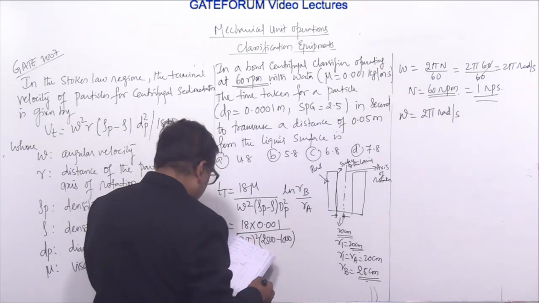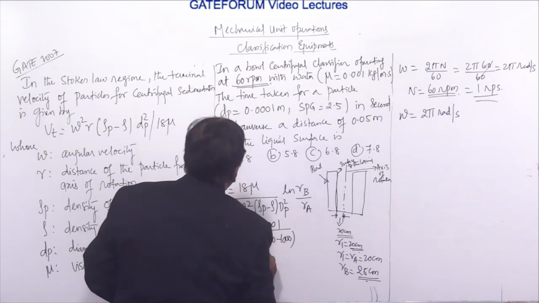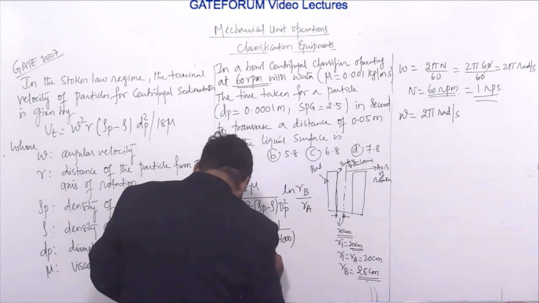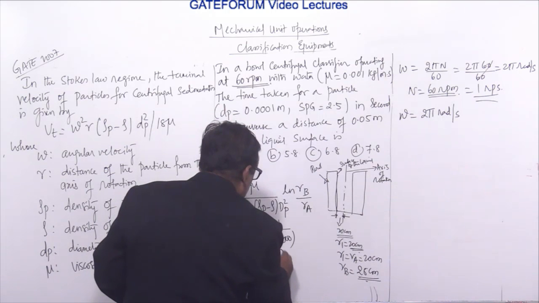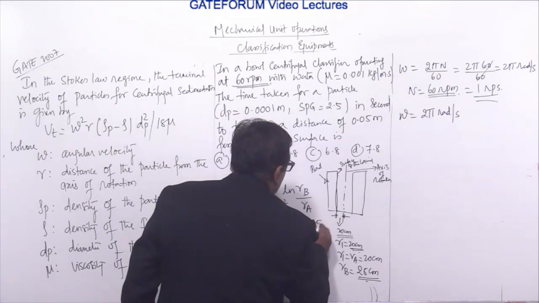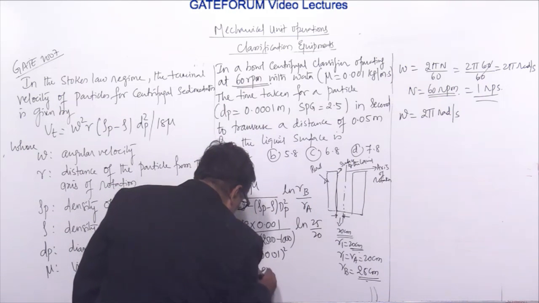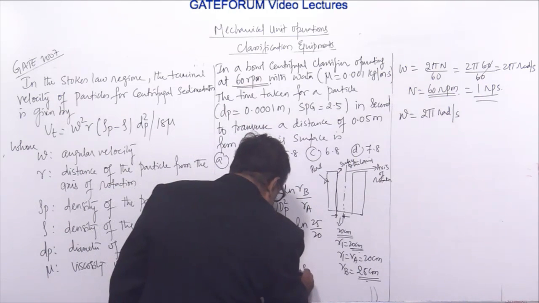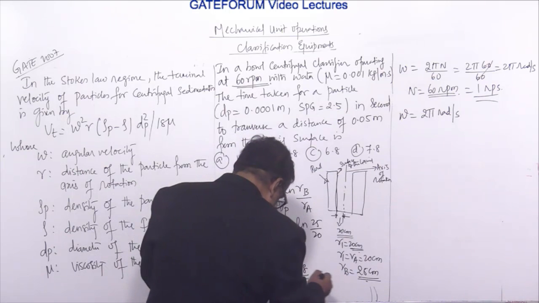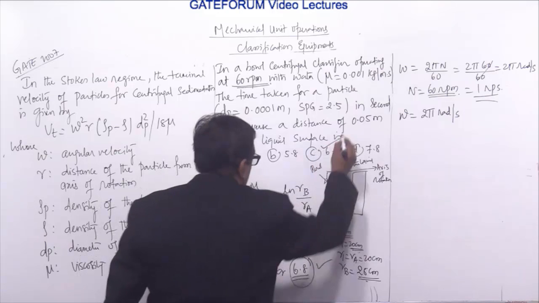Then dP square is 0.0001 square, please be very careful with this. Ln of 25 by 20. So you will be getting 6.782, or 6.8 seconds. So the answer is C.